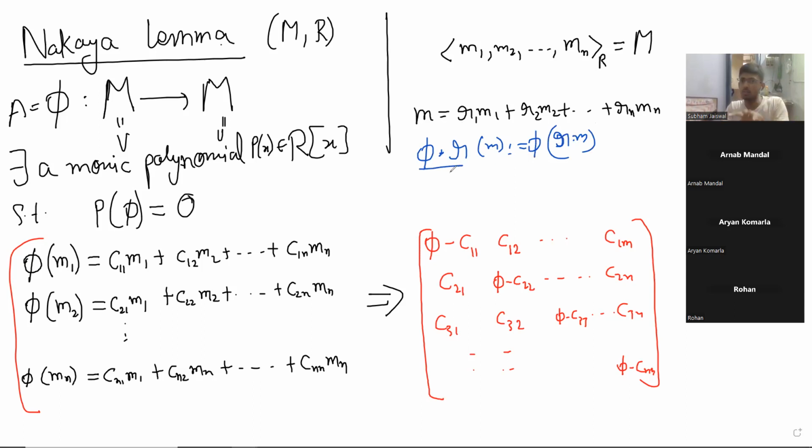Phi dot R is again a function. If you understand it like this, then you will understand that these two functions are the same. This function first applies phi, and then multiplies by R. Is that okay? Am I making any sense?